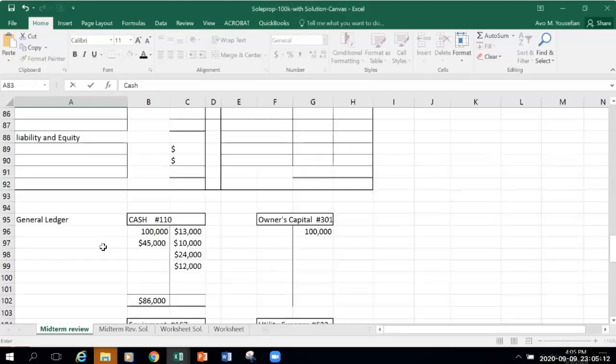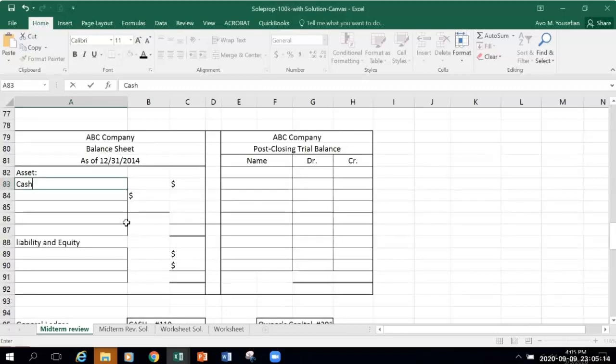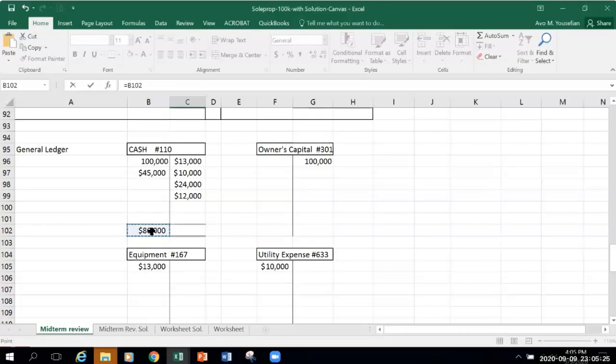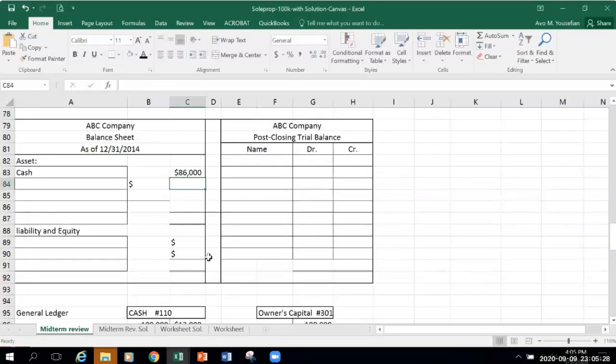So cash equals $86,000. After current assets, let's say accounts receivable is a current asset, supplies are current assets, inventory is a current asset, prepaid rent is a current asset. You don't have any. But after current assets comes investment.